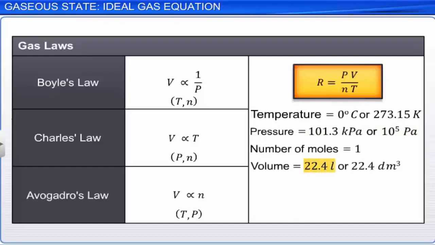On substituting the values in the equation, we can get the value of R as 8.314 joules per Kelvin per mole.